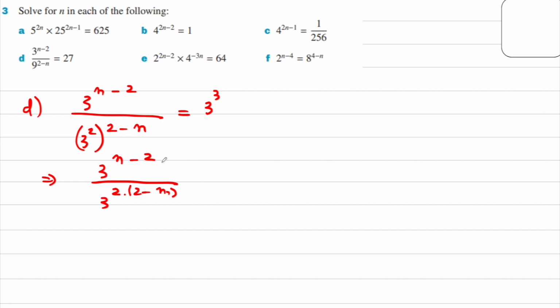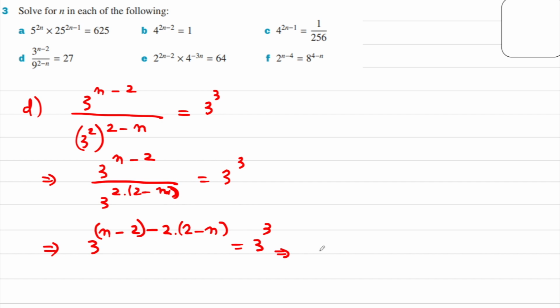3 to power of n minus 2 over, like this writing. And take 2 multiplied by (2 minus n) outside, and this will be 3 here. And this division means you can make the subtraction between the two power numbers here. The first power number is n minus 2 and the second one is 2 times (2 minus n), equal to 3.